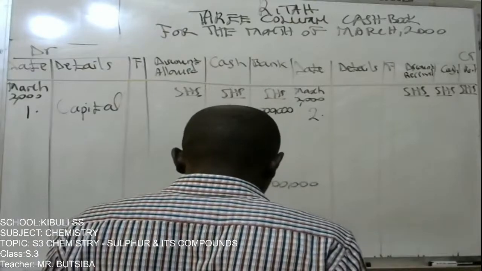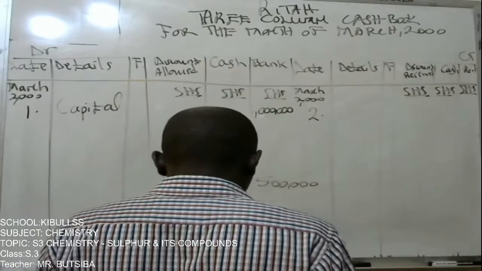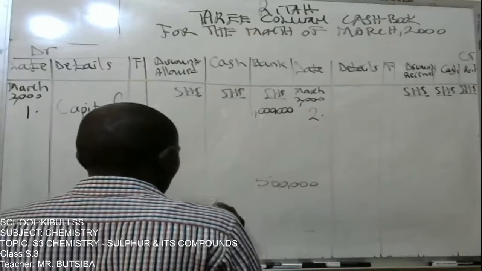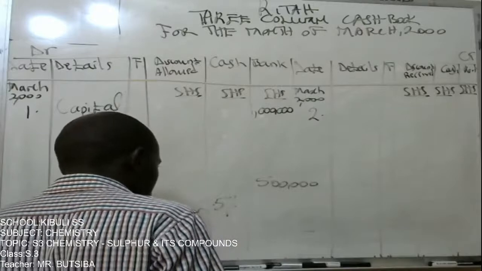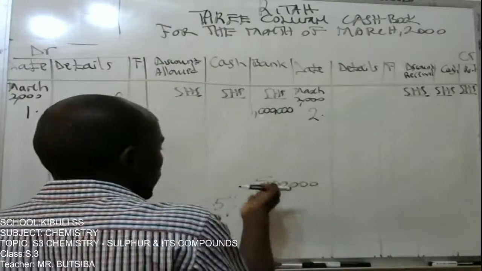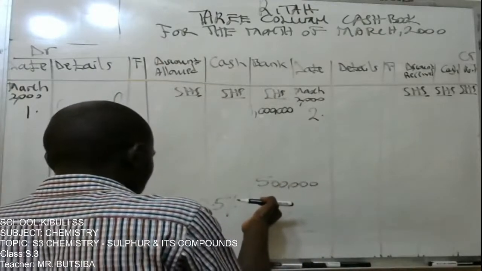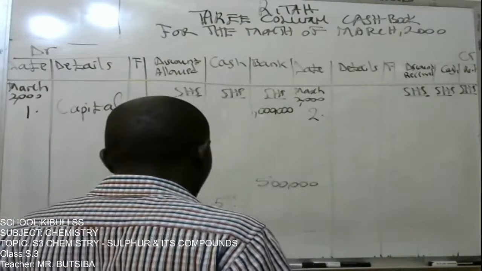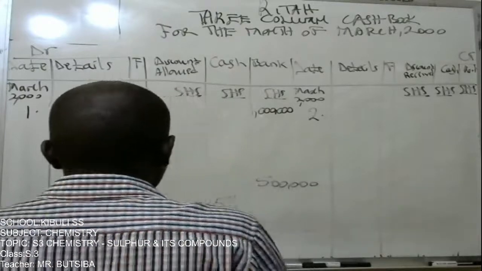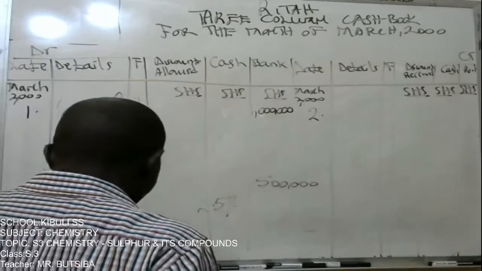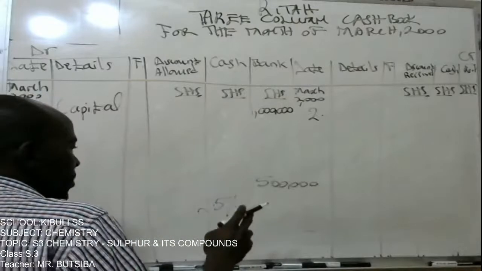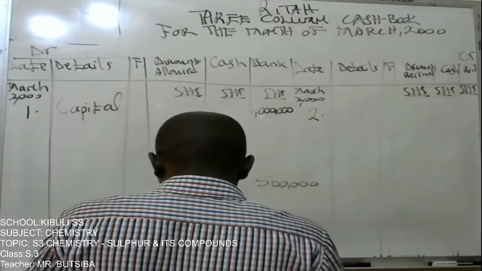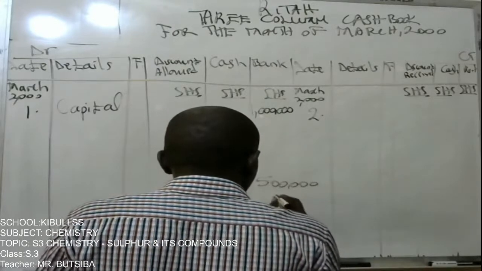But as they calculate, they say if you pay within the stipulated time, we are giving you a cash discount of 2.5%. So you're not going to pay all the 500,000 when that time comes to pay. So you calculate 2.5% : 2.5 divided by 100 times 500,000, giving you a total of 12,500.